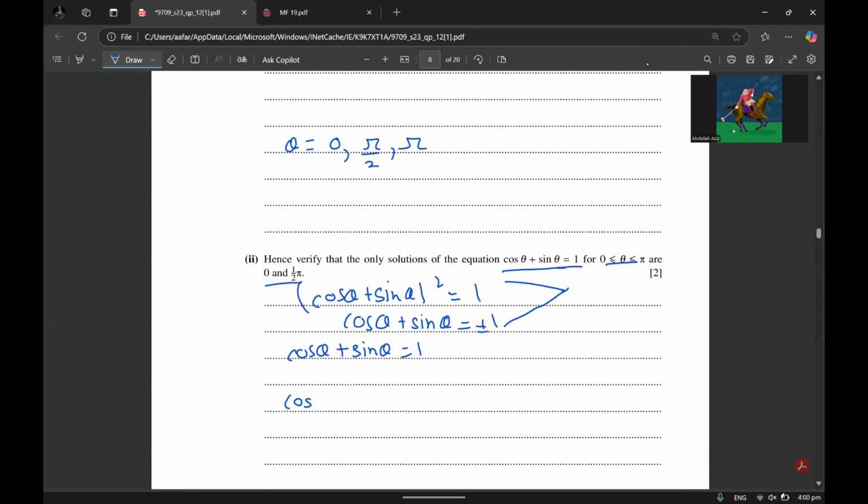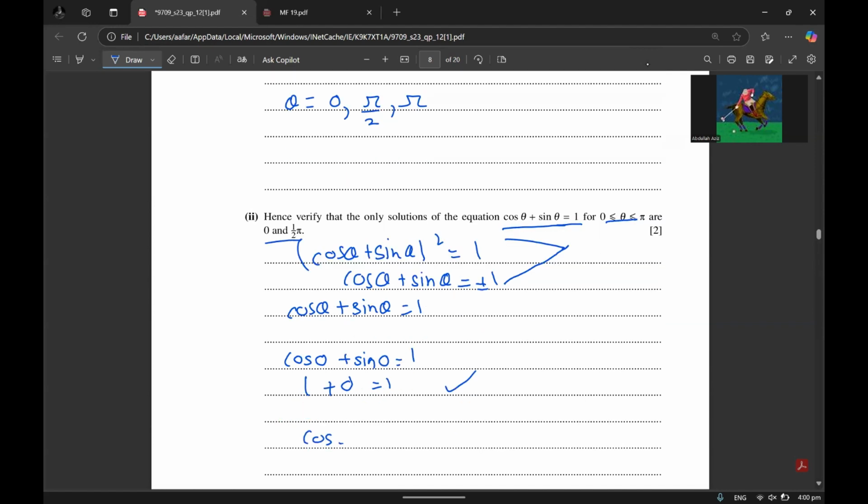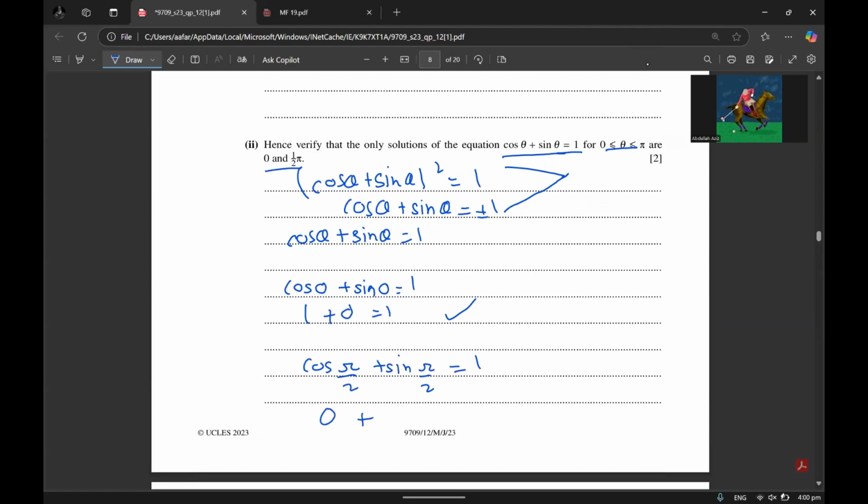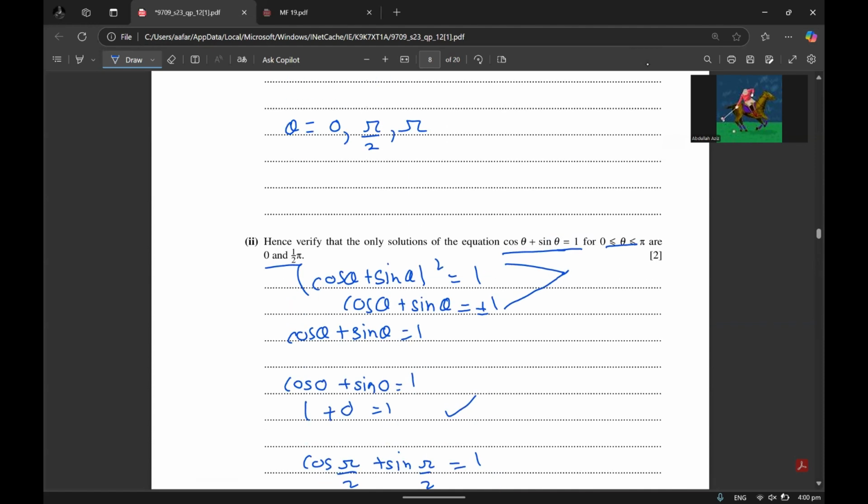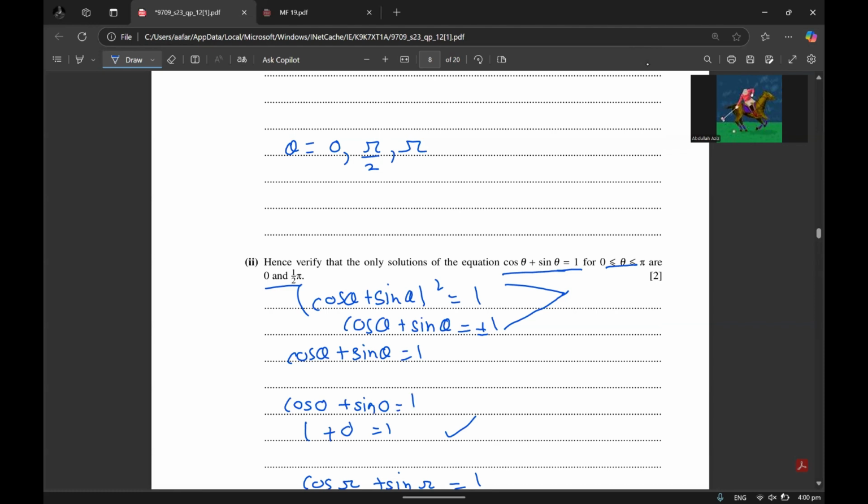And we can easily verify that cos 0 plus sin 0 is equal to 1. 1 plus 0 is equal to 1. This is proven. Now we do cos pi over 2 plus sin pi over 2. This is 0 plus sin pi over 2 which is 1. So we get 1. This is also proven. Now the only solution we have left which could have been possible was pi, right?